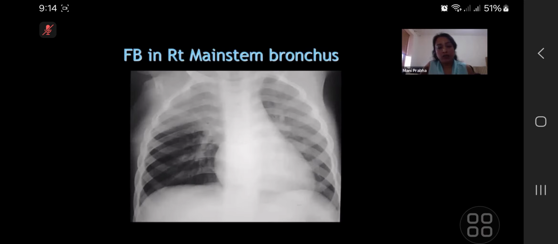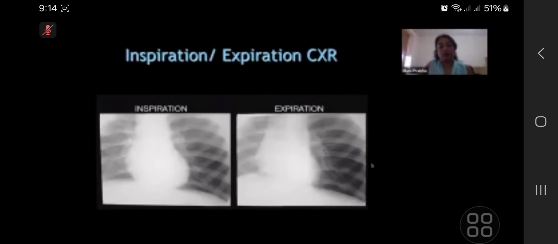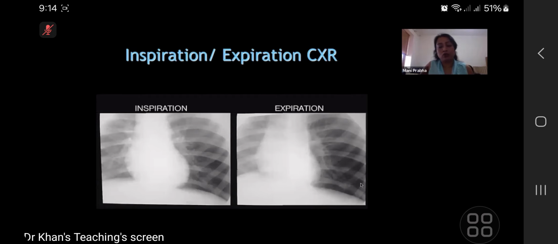On expiratory views, if we do acquire them, there will be more expansion of the abnormal area.